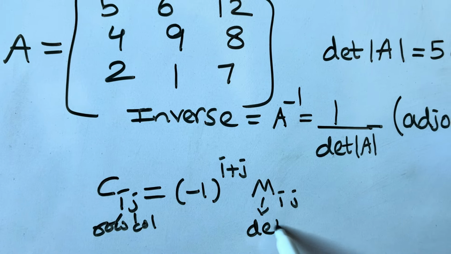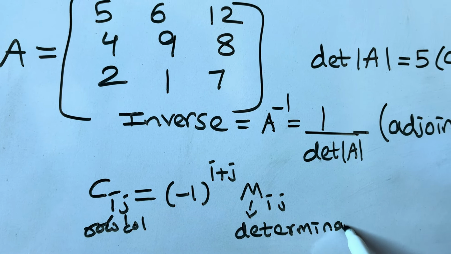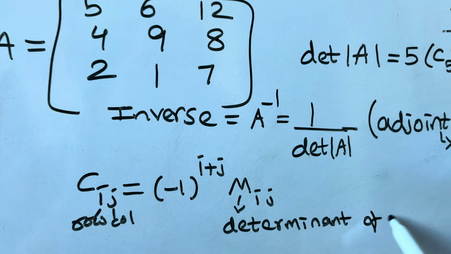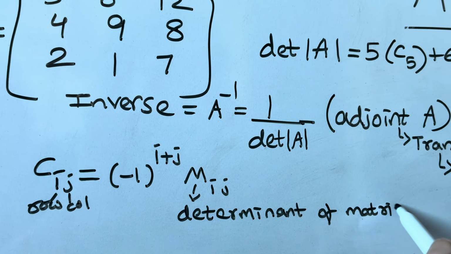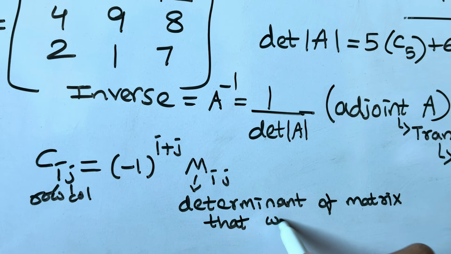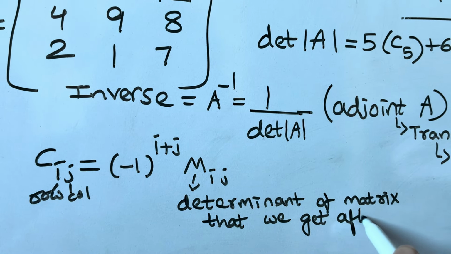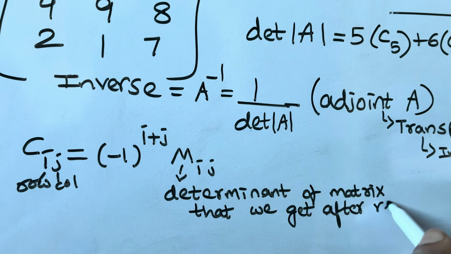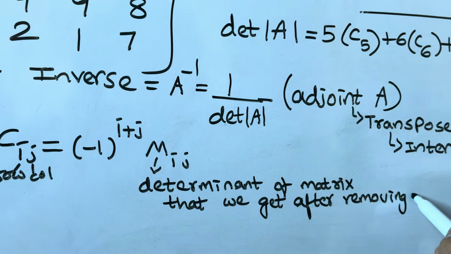Minor is the determinant of the matrix that we get after removing that particular row and column.